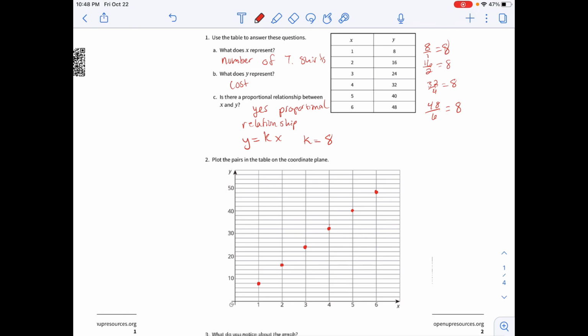A couple things we'll notice about the graph here. If you buy 0 t-shirts, you don't pay any money. And so it's going to go through this point right here where X and Y are 0. That is called the origin.